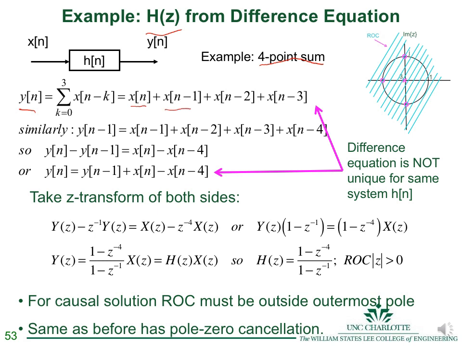If I just look at what y of n minus 1 is, then notice that it involves x of n minus 1, 2, 3, and 4. If I take the difference of these first two results, y of n minus y of n minus 1, notice that the x of n minus 1, x of n minus 2, and x of n minus 3 terms cancel, and so that must just equal x of n minus x of n minus 4.